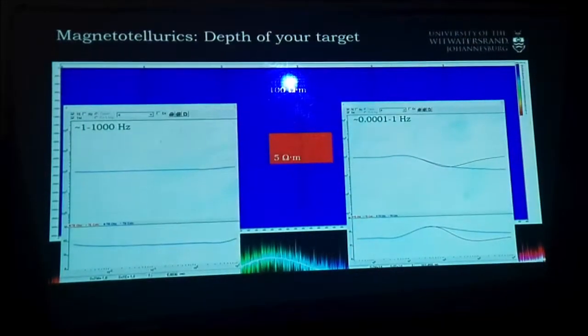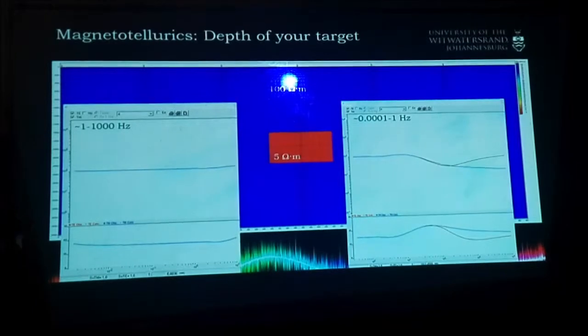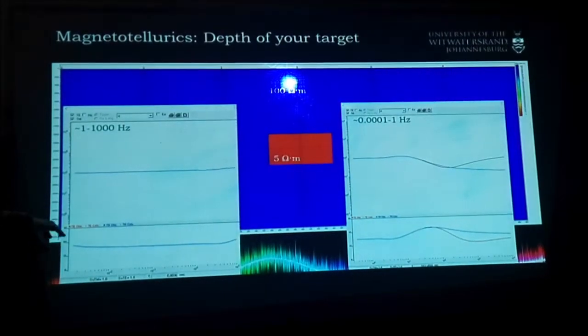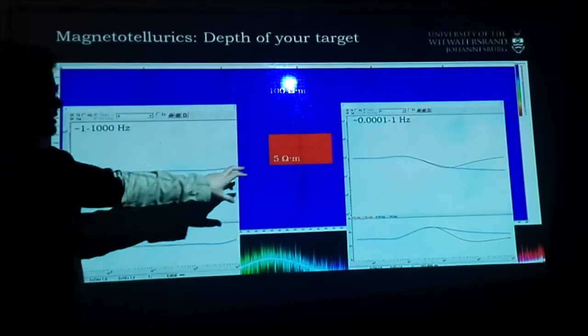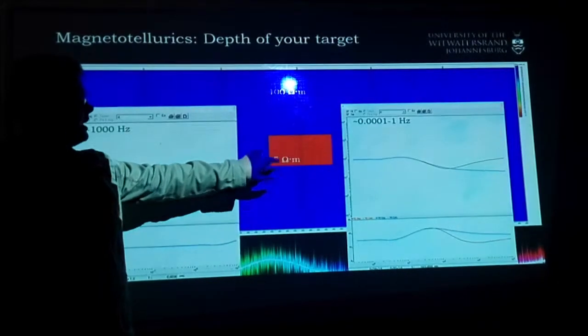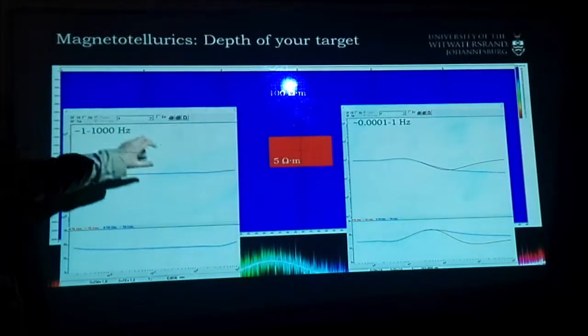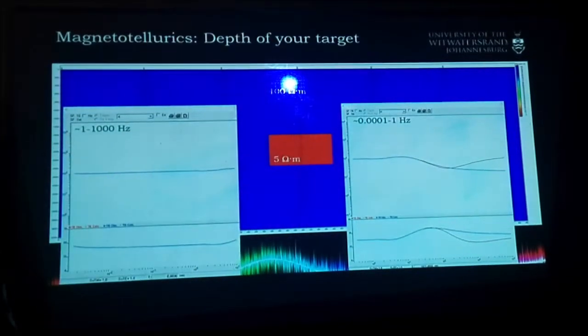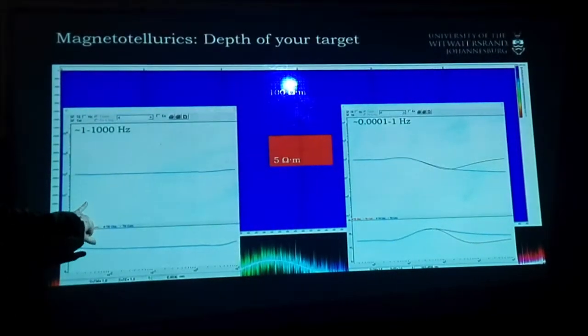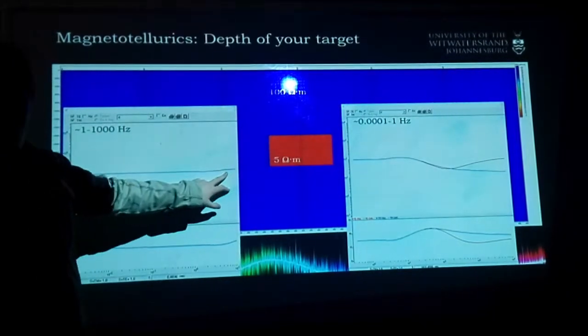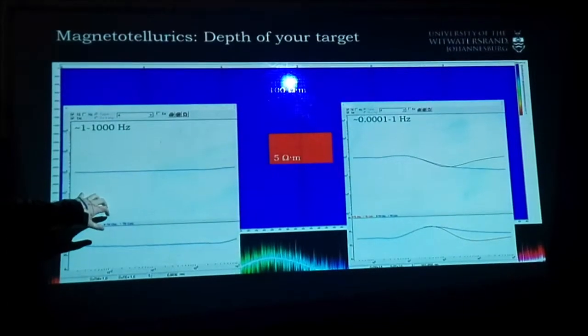Looking at the depths, this model has a conductor at 20 kilometers, in a half space that is 40 kilometers in total. So that's quite a big conductor. This is AMT, higher frequency MT data, and you see it doesn't even see the conductor at that depth.